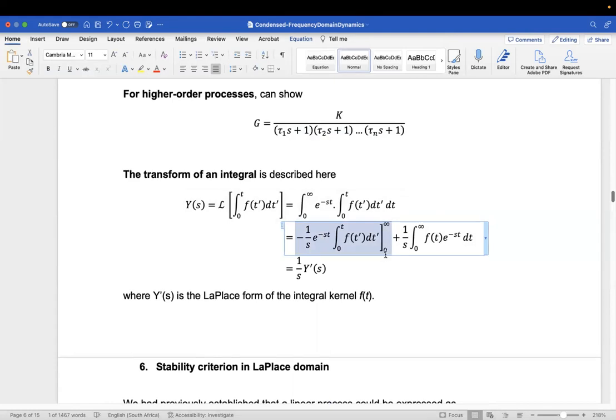And then at 0, we've got the integral from 0 to 0. So this is a 0 area. There's no change in t here. So this whole term is a 0, leaving us with just this. And so that's what we have for the transformation of an integral.